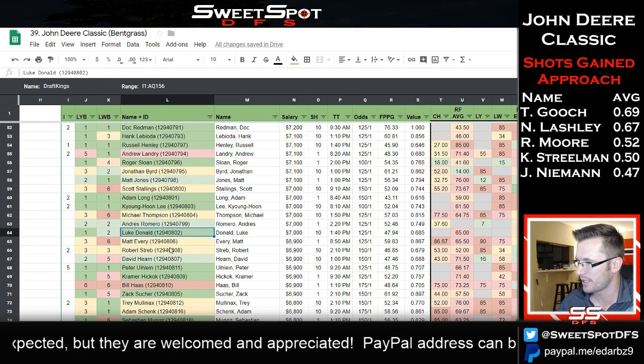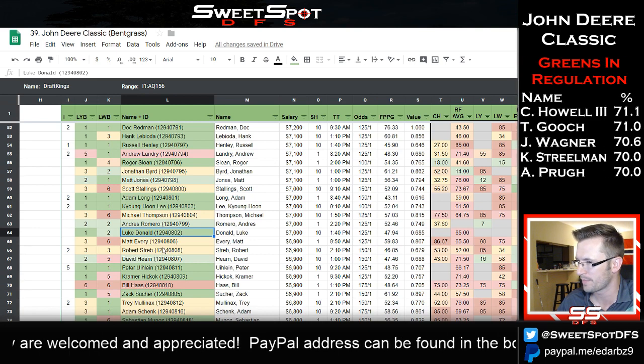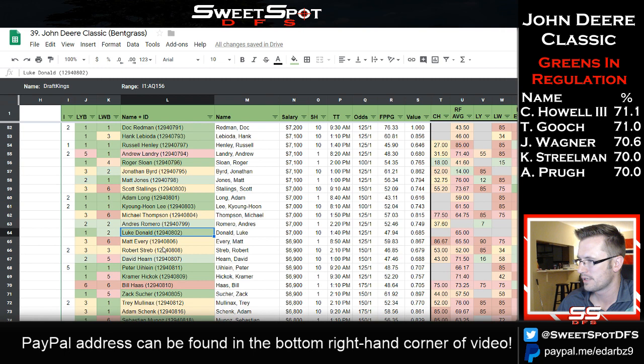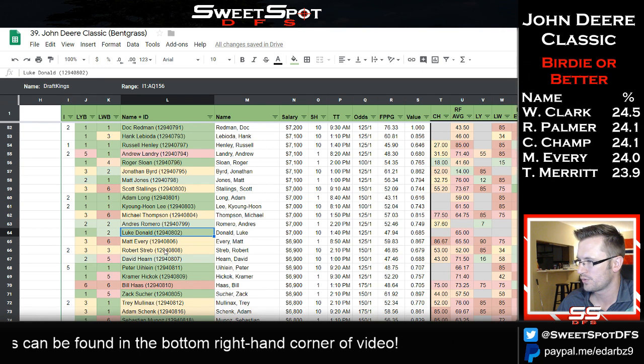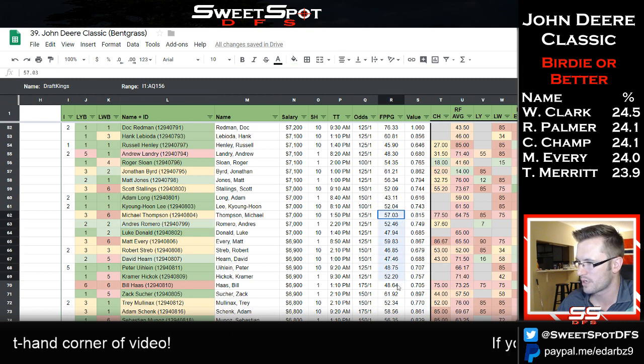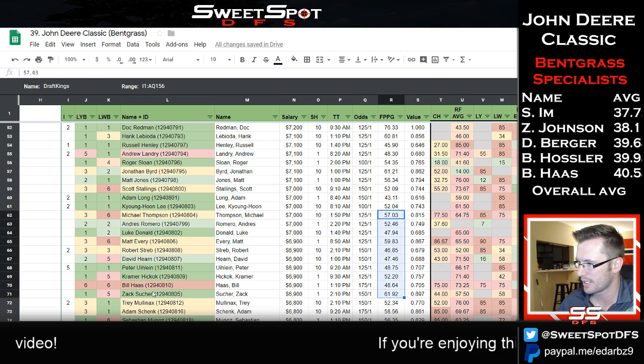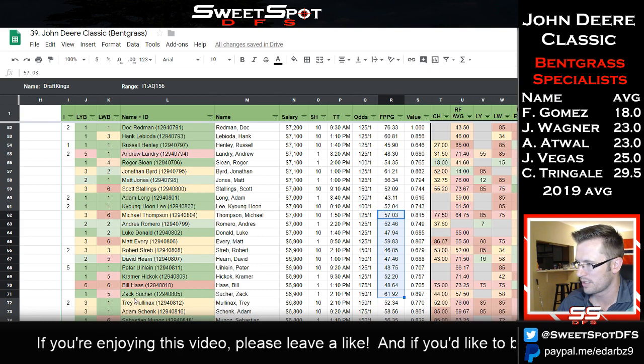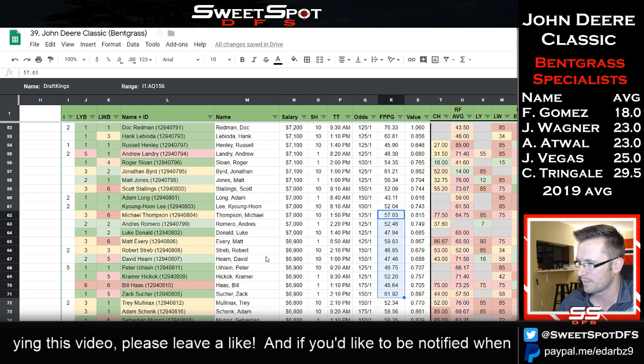Gosh, I want to play Donald. I think he's rounding back into form. Could also look at the best scorer on average looking back. I wouldn't so much care about Zach Suker, since that's kind of a one-time price.